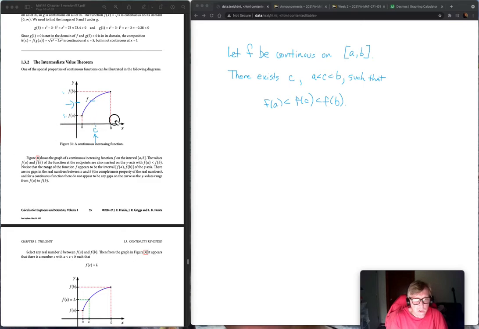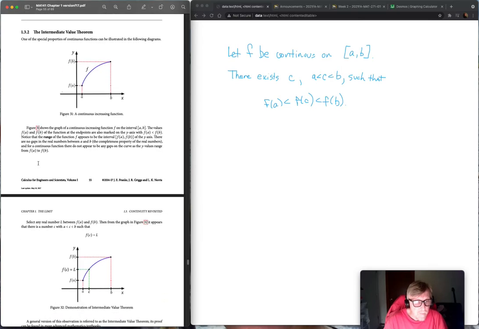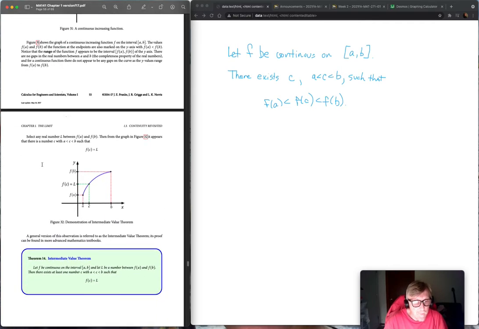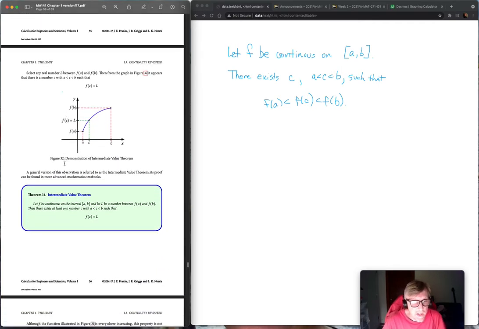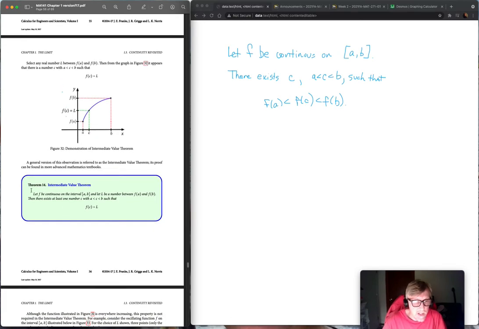Let me erase all that off the picture, because there's an almost identical one right below here. So here it is in its textbook definition.